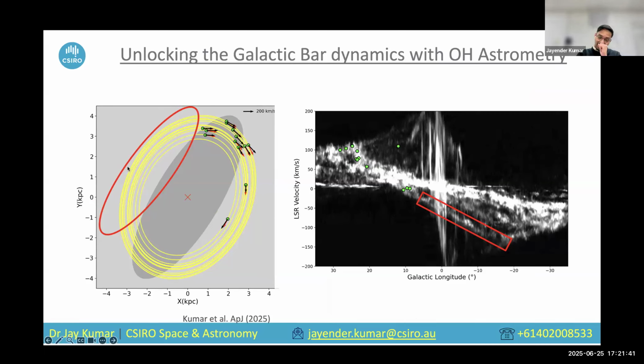And this red ellipse and this red square represent the region where there have been no parallax measurements. In the LV diagram, this is the only region which is very clearly visible, which is where the whole 3 kiloparsec arm started from.